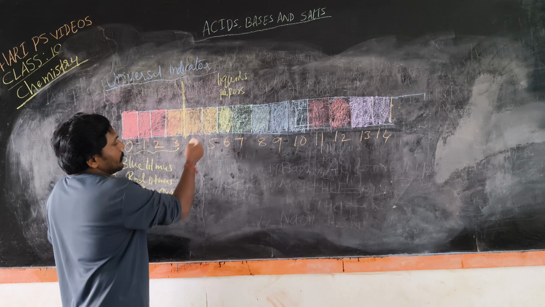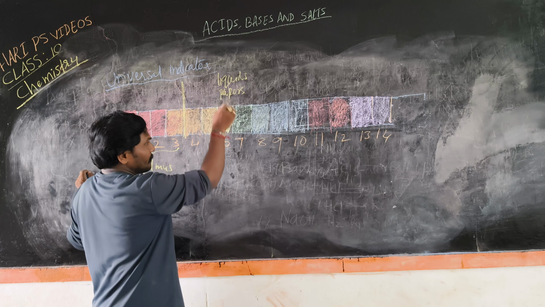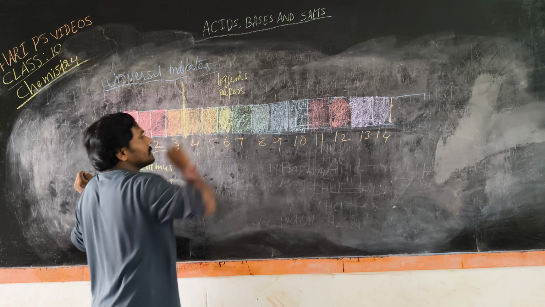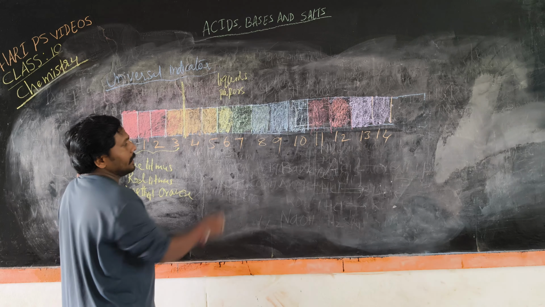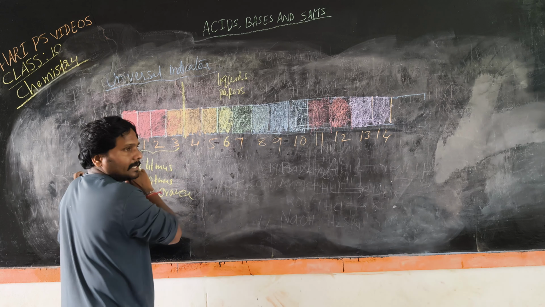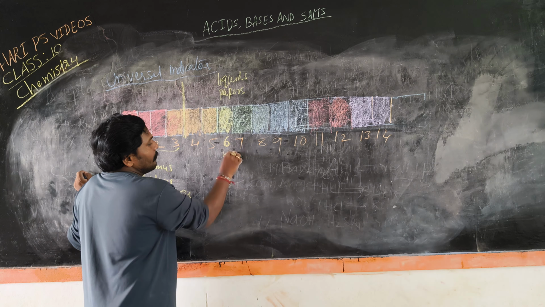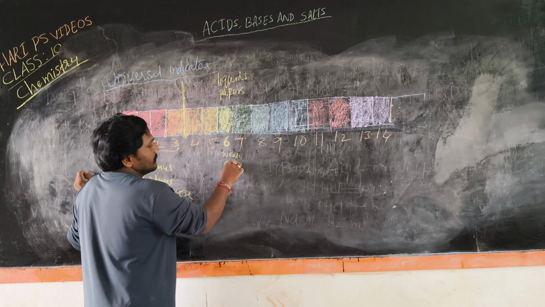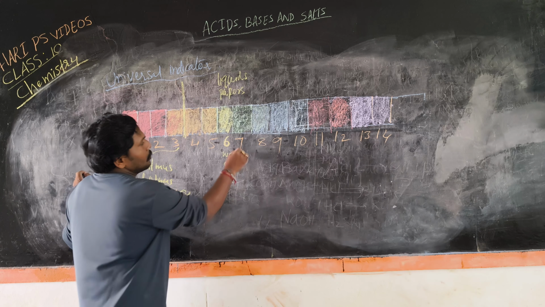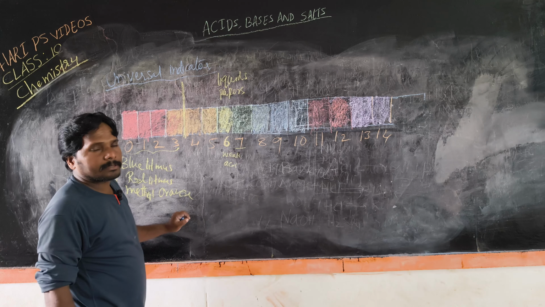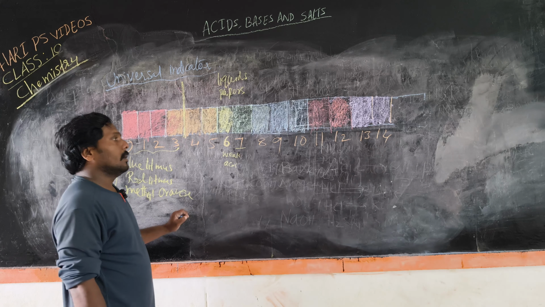If it shows the color yellowish green, it is a 6. It is 6, in the sense it is a weak acid. If it shows green, then the given substance is neutral.